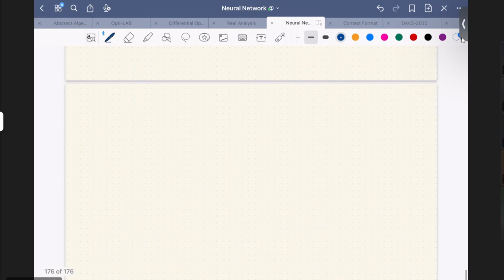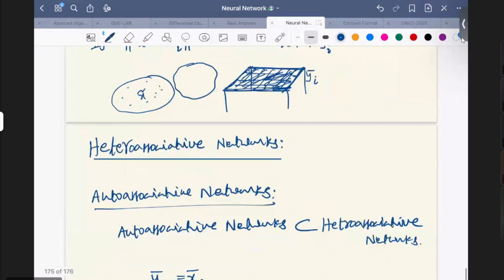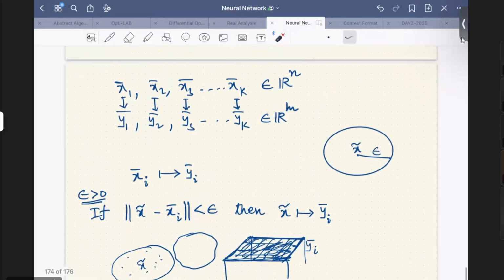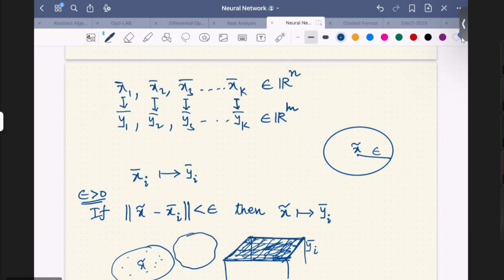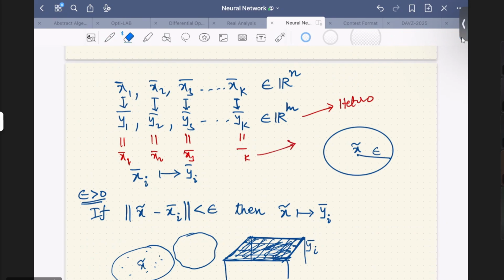So these are the two associations. Hetero association is the same thing as I have explained here. If your outcomes are mapped to the original x's, x1 bar, x2 bar, x3 bar, instead of something else, then this association is hetero, and if the outcomes are again the same whatever you supply, then that is auto association.